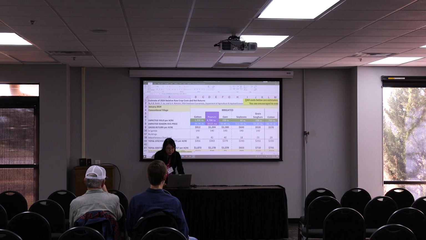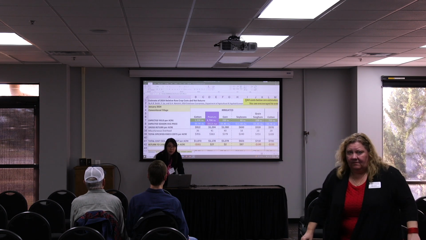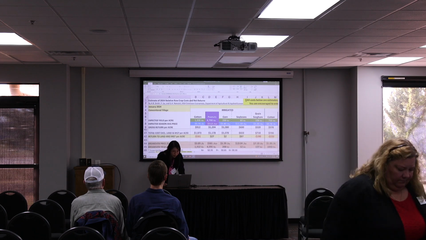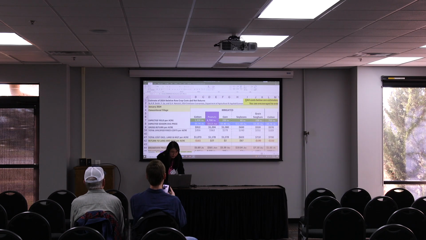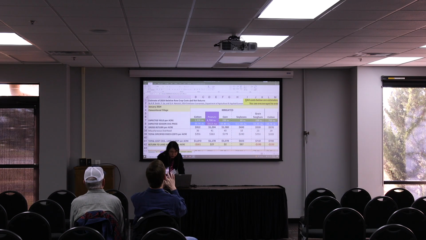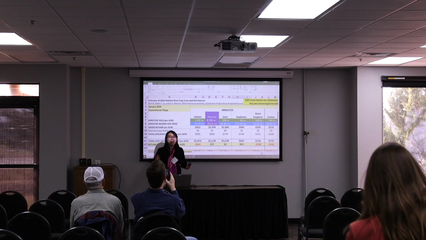With the current prices, the cotton price I put there is a little bit low, but with the current prices listed here, if we want to compare the break-even prices, it shows soybean, yes, life-saving.